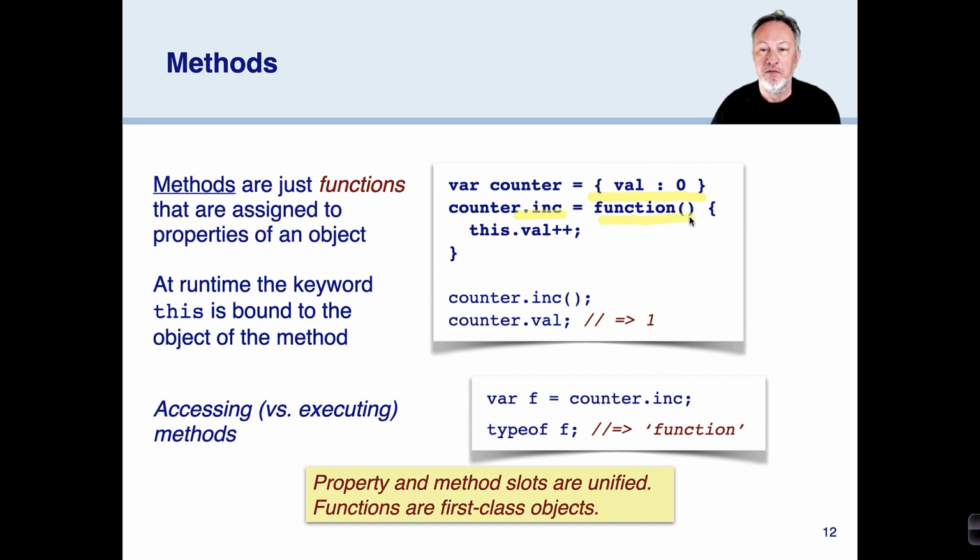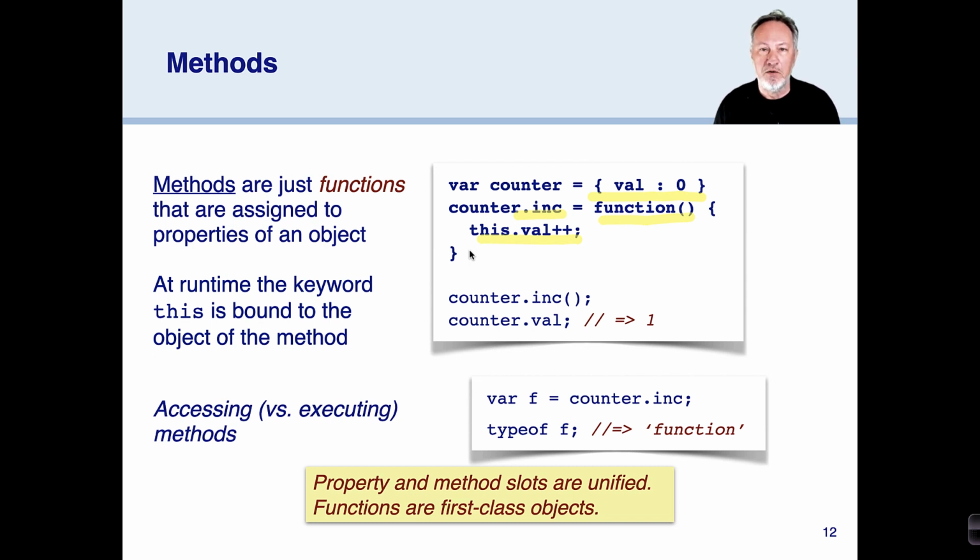So a function here that takes no argument and updates the value. Notice the use of this. This in JavaScript, so in prototype-based languages, functions the same as this or self in single inheritance object-oriented languages. This starts looking for the reference property in the receiver.